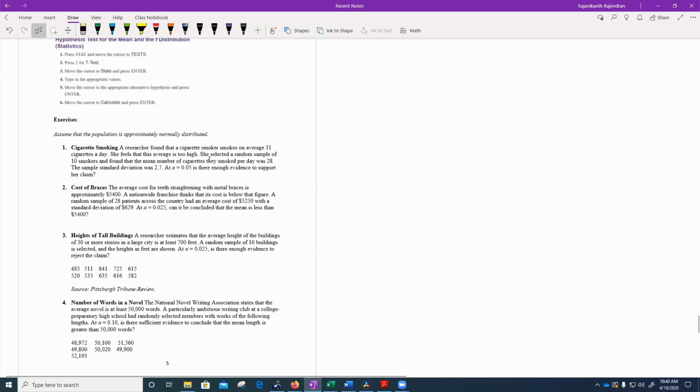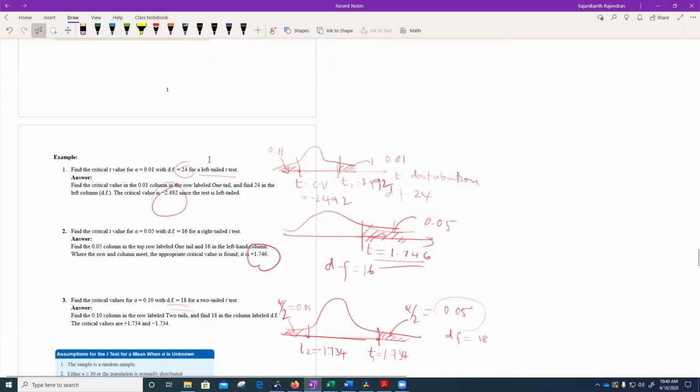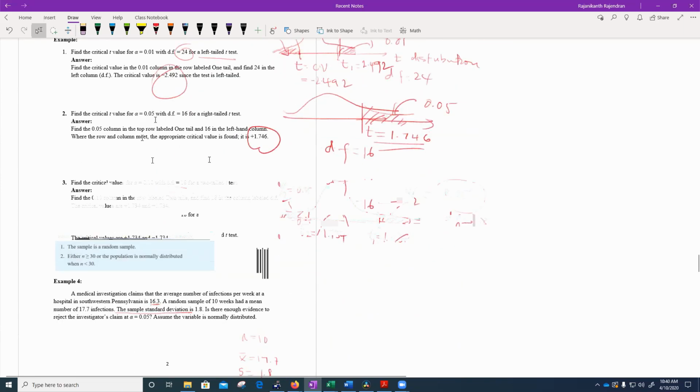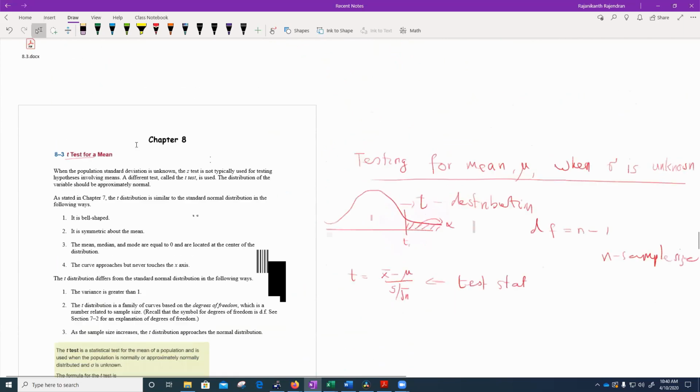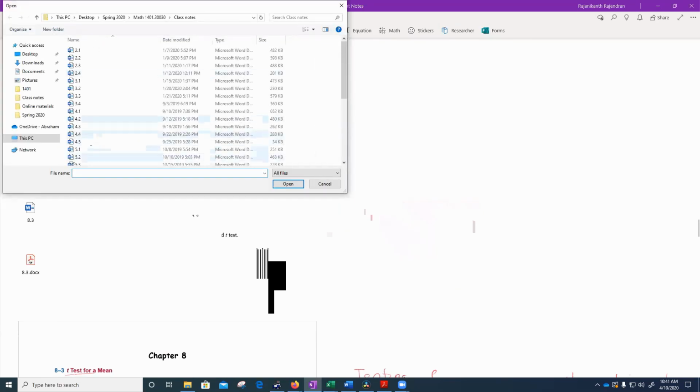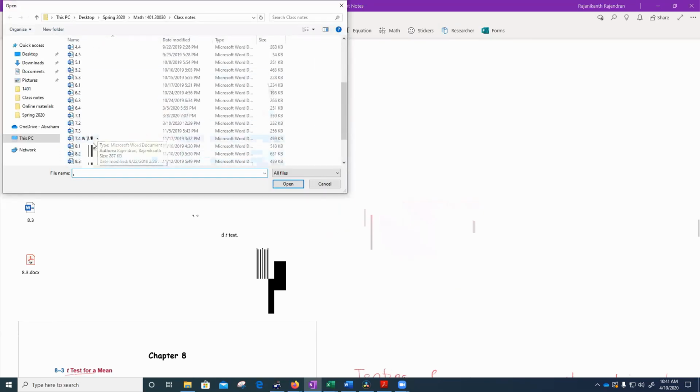So this is much easier, right? Because once you understand 8.2, this is going to be easy. So let me introduce 8.4 and we will finish next time.